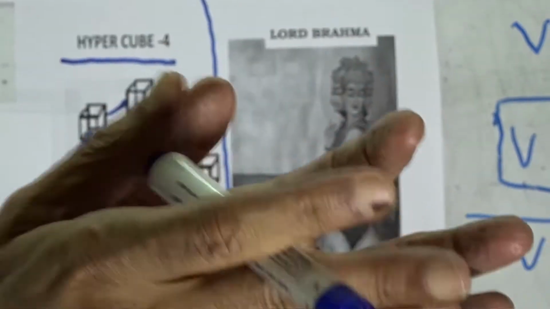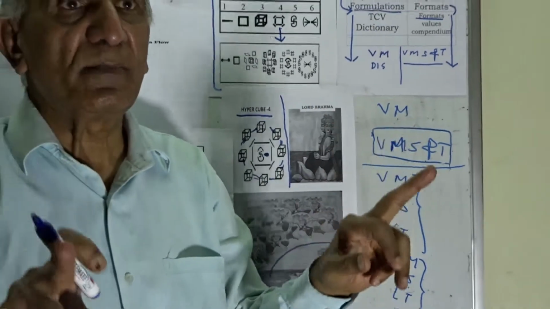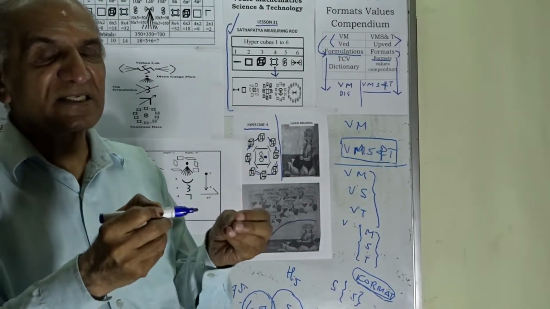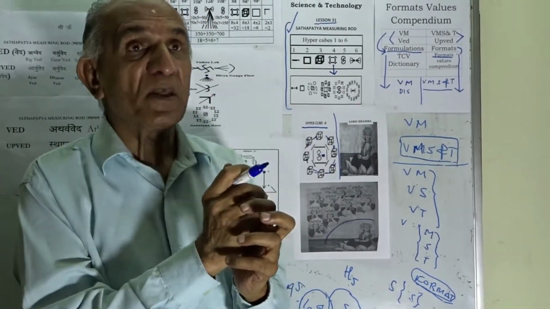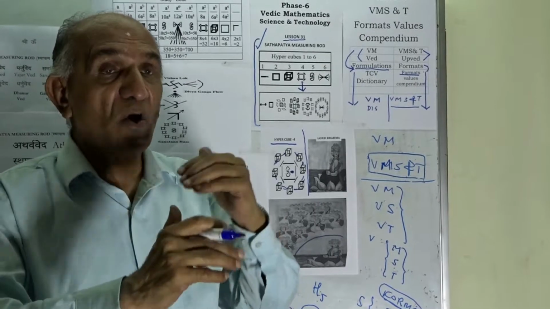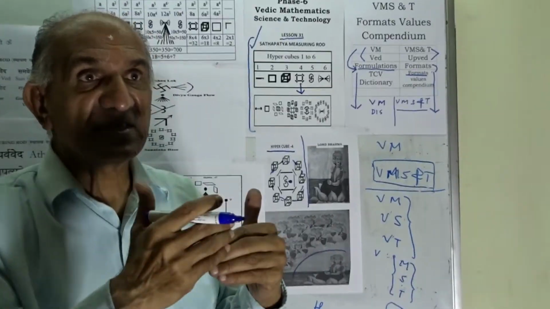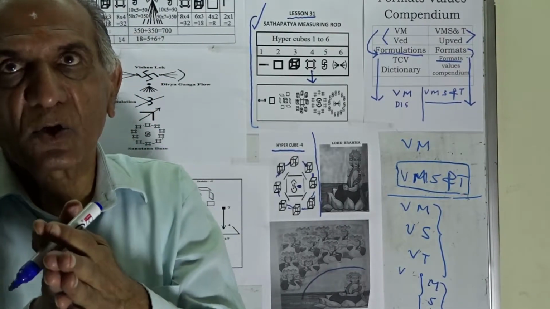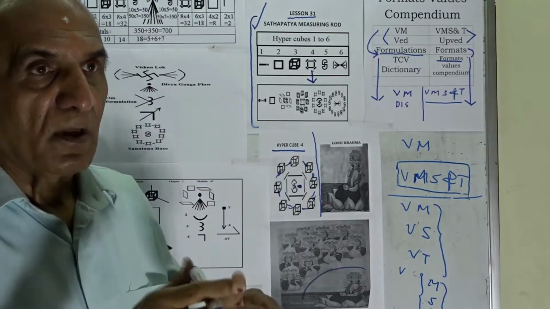Now, it is this reach at the creative boundary of the transcendental domain which is ultimately going to supply us the required format, the necessary format along which the formats of the values of the chase steps of the Vedic Mathematics, Science and Technology would be available and is going to be availed.